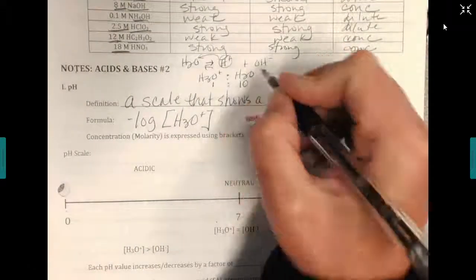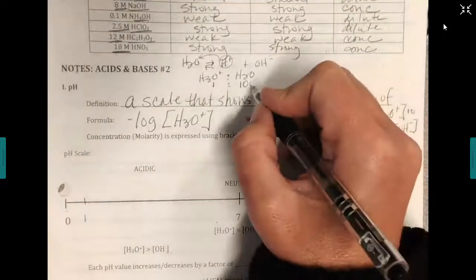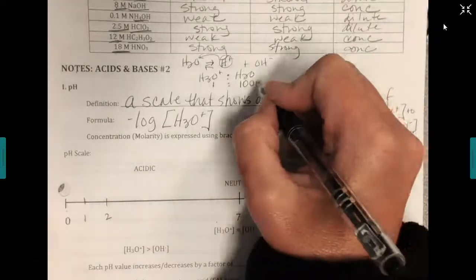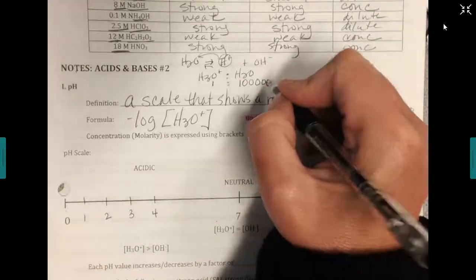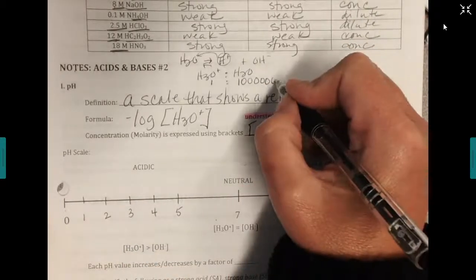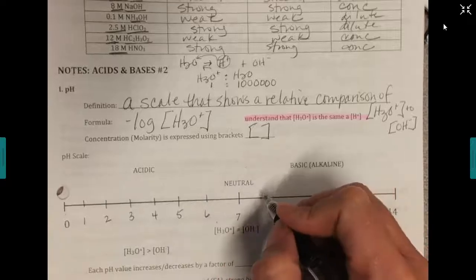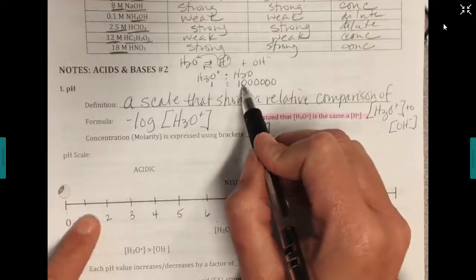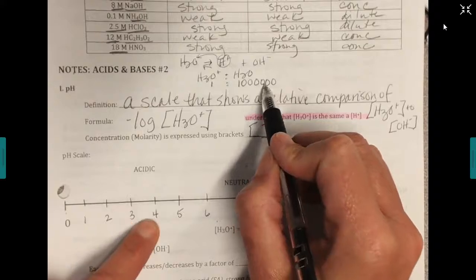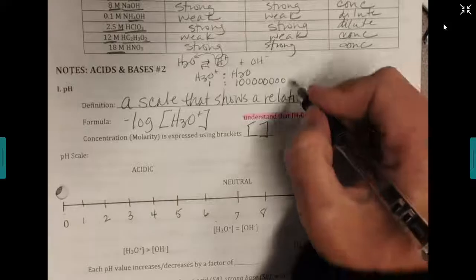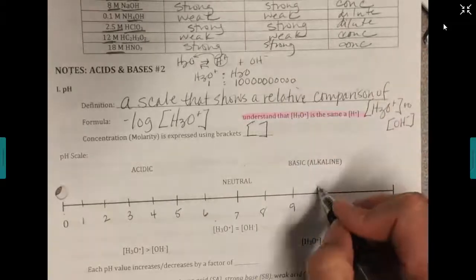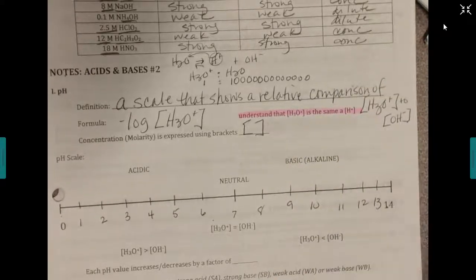When it happens 1 out of every 10 times, that's a pH of 1, 100 times a pH of 2, 1,000 times a pH of 3, 10,000 times a pH of 4, 100,000 times a pH of 5, 1 million a pH of 6, and if you notice, it's all based on zeros. 1, 2, 3, 4, 5, 6, pH of 7, pH of 8, pH of 9, pH of 10, pH of 11, pH of 12, and 100 trillion times pH of 14.